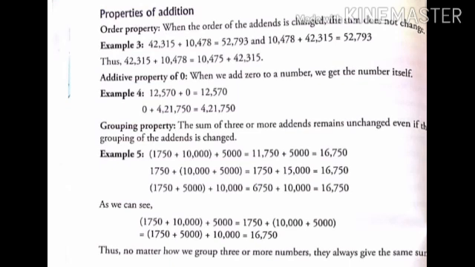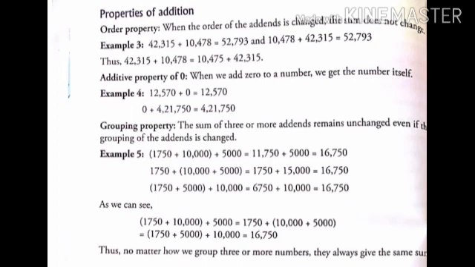And we have some properties of addition. So see, the first property is order property. That means when we change the order of the numbers, there will be no change in the answer. For example, you know that 5 plus 8 is equal to 8 plus 5. If the numbers are interchanged, there will be no change.